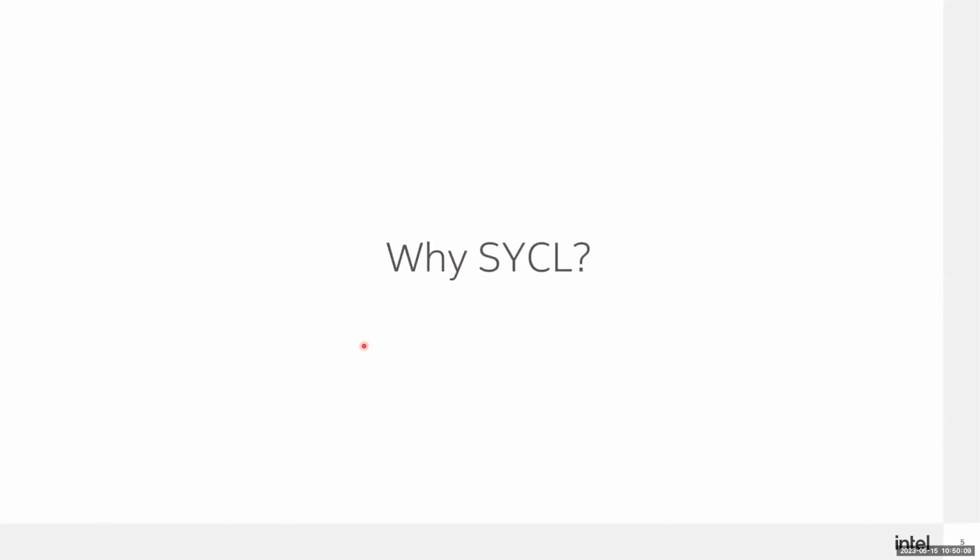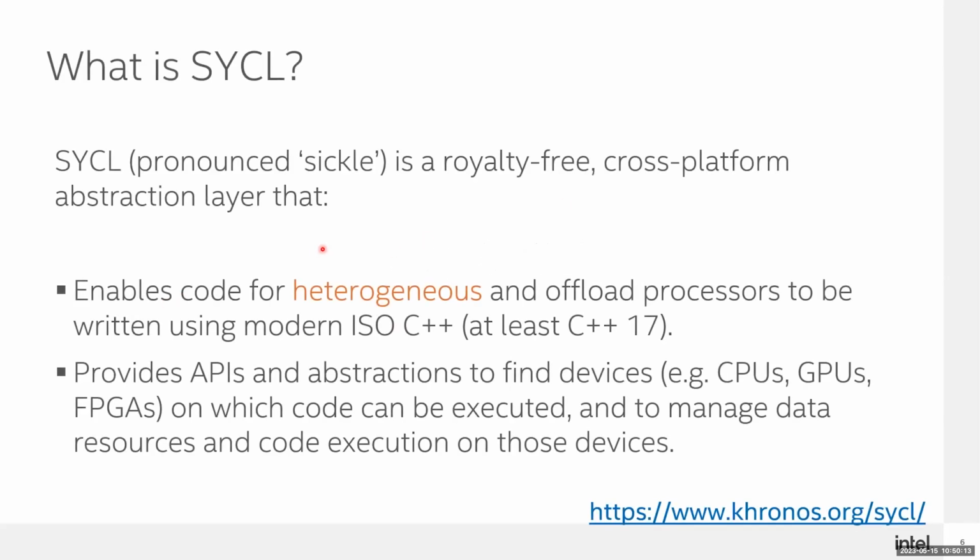And we do this by using SYCL. So why SYCL? Mainly because it's a royalty-free, cross-platform abstraction layer that enables you to code for heterogeneous computing. It offloads the computation, and it can be written using modern C++.